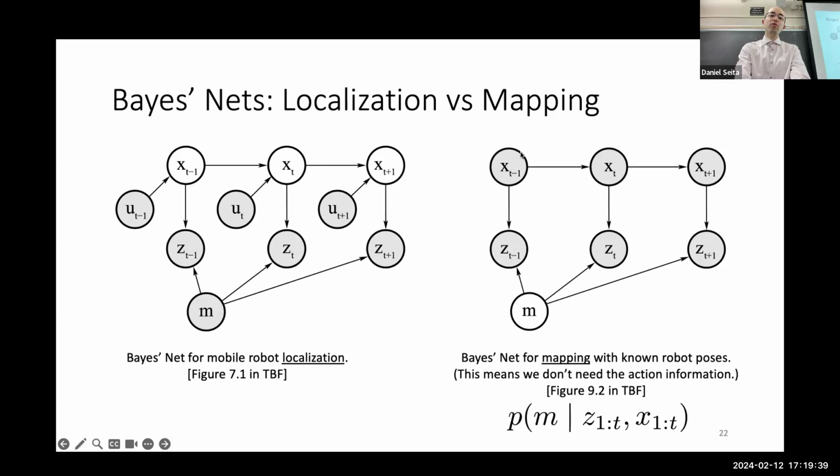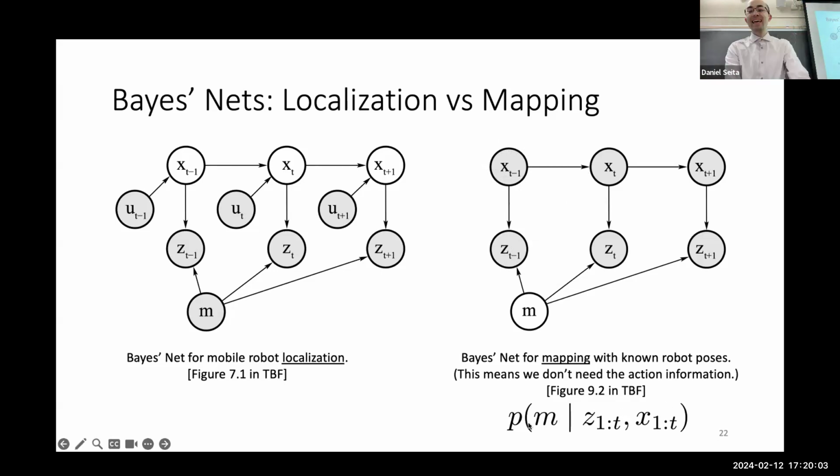Because if you know the two poses, then that gives us all the information we need. If we know the exact x_{t-1}, then we know what it leads to for v_{t-1} at x_t. And if you condition on this, then you don't need anything else in the conditioning, by the structure of the Bayes net.